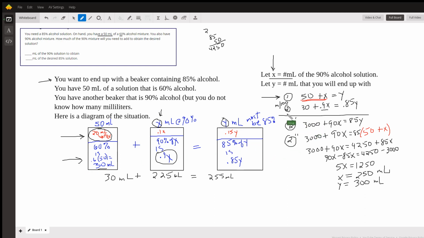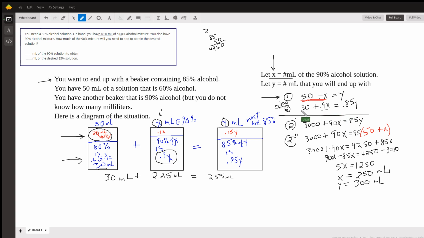So my recommendation on a problem like this where you have two equations and two unknowns, in the second equation, I don't like to work with decimals. So I indicated here I'm going to multiply every term of the second equation by 100 to clear the equation of decimals. Why do I pick 100? Because that'll move this decimal point 2 places to the right, and I won't have a decimal anymore.